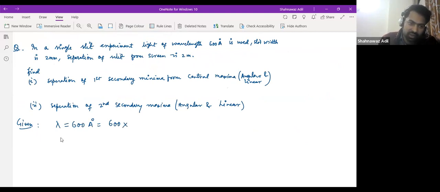Slit width a is given, 2 millimeters, and the distance separation of slit from screen, that is capital D, this is 2 meters. So angstrom is how much? Everyone, any answer?